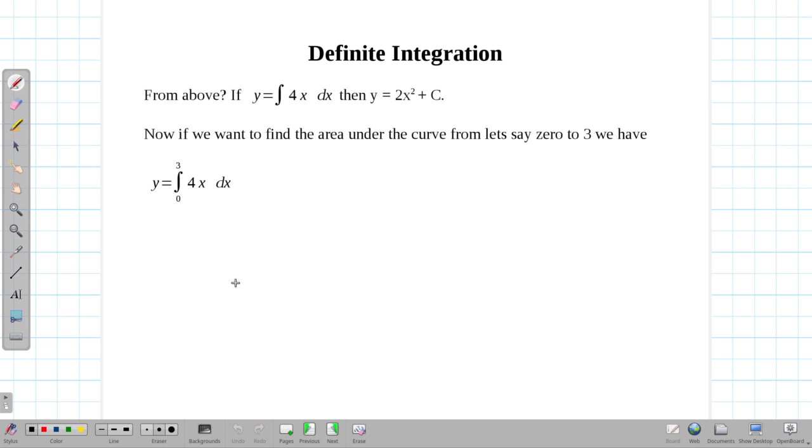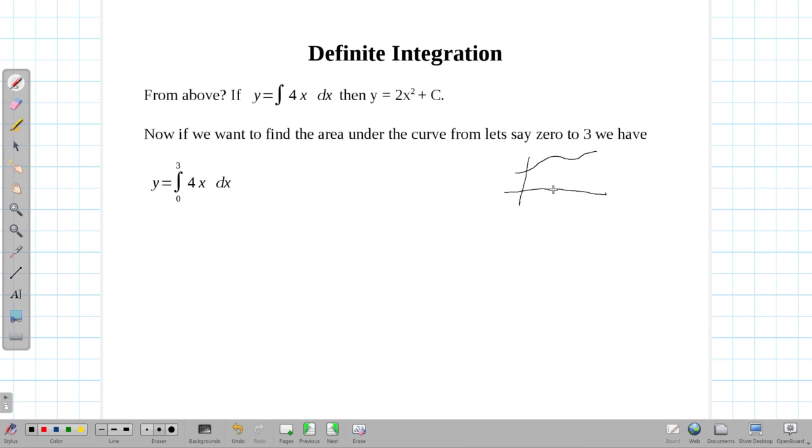Okay, let's have a look at this one. Definite integration is where we have limits. So we took my example from the previous example, and I've now put limits in, say from 0 to 3. What this is actually doing is giving you the area under the curve. Oops, that's a terrible sketch.